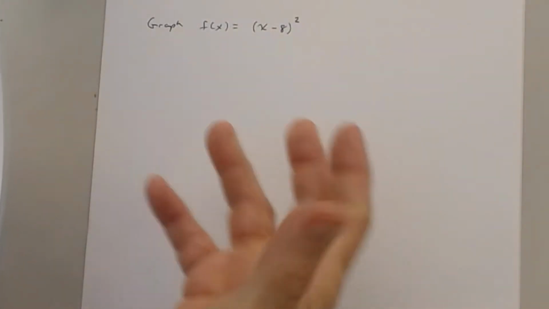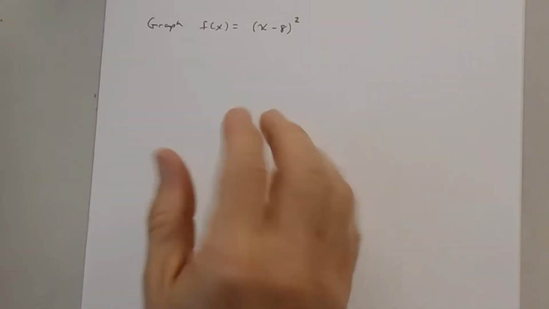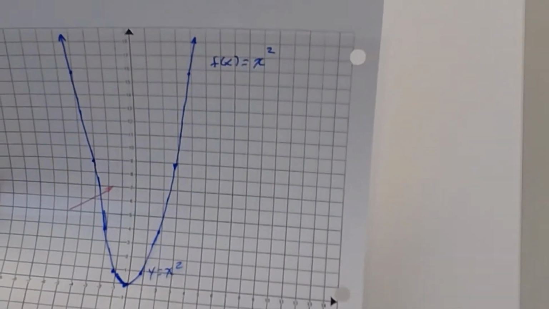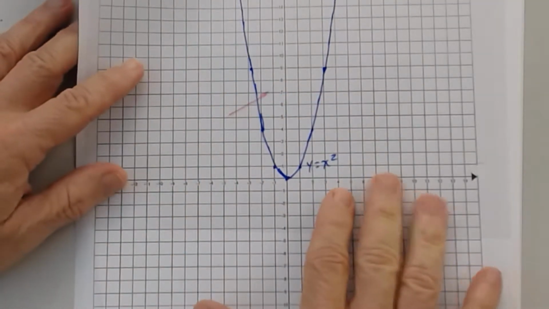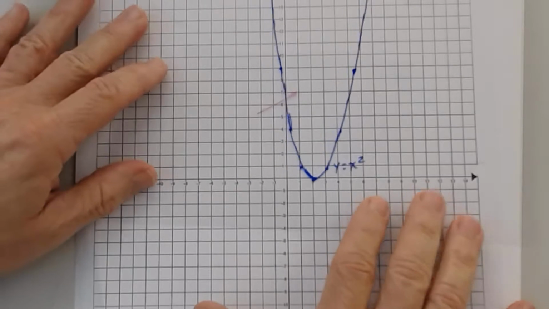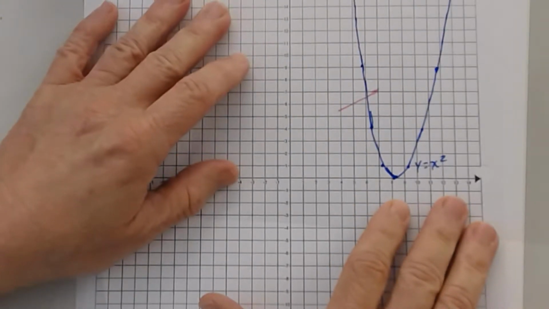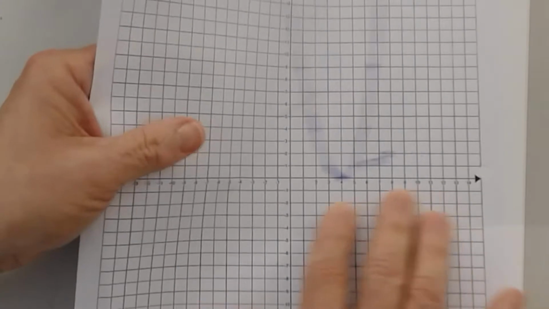You see that negative 8? Next semester you're going to learn why it's counterintuitive, but for now just remember it is. So if you see negative 8, think positive 8. That means you move the graph to the right 8: 1, 2, 3, 4, 5, 6, 7, 8. So the vertex is (8, 0).